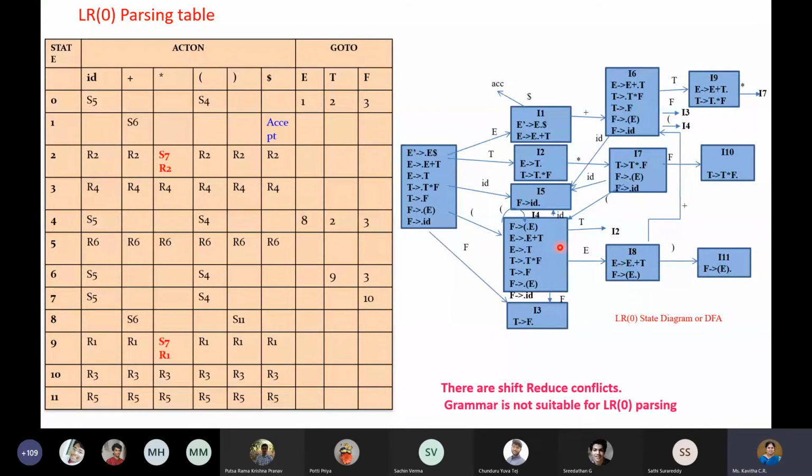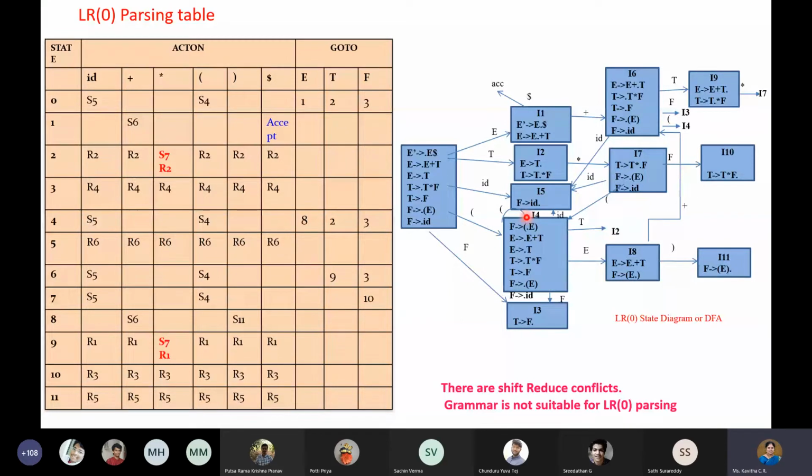So we finished all our non-terminals. Coming back to our terminal symbols, on open parenthesis, it is a self loop, so it is S4. And on ID, it is going to I5, so it is S5. Now you can count how many transitions there are: 1, 2, 3, 4, 5. All 5 entries we have made at state number 4. So that is done.